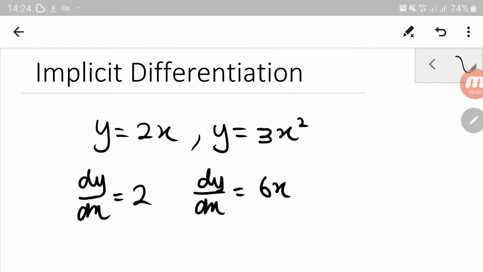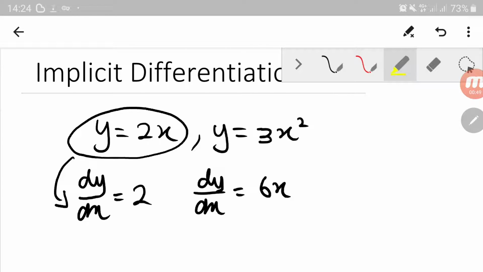Why is this so? Because we want to differentiate this equation in terms of x. That is why we want to find the differentiation of function y in terms of x. Same goes to this one: differentiate the y function in terms of x, hence the symbol.